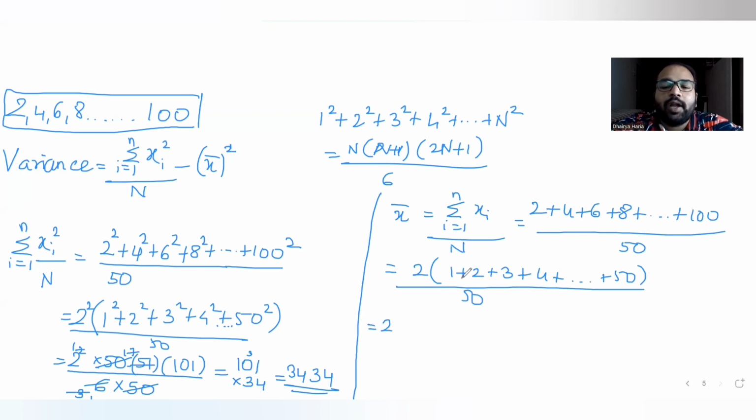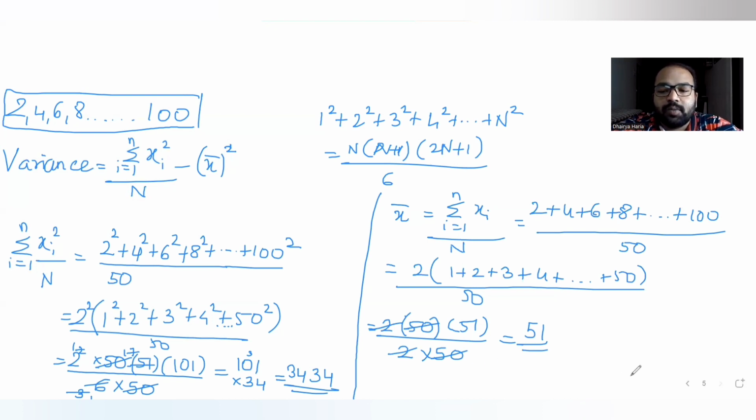Now we already know the sum of first n natural numbers is given by n into n plus 1 upon 2. So this cancels with this. Already 50 was present. This cancels with this. I get the answer as 51. So x bar in this case is 51.